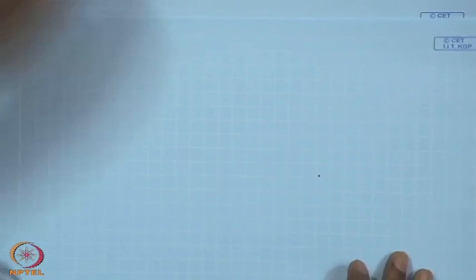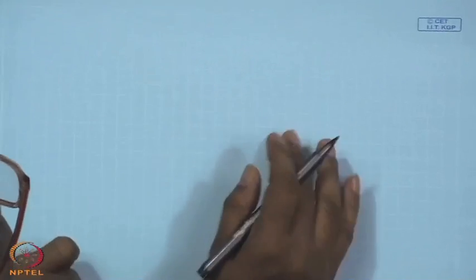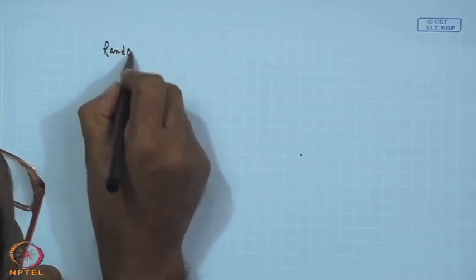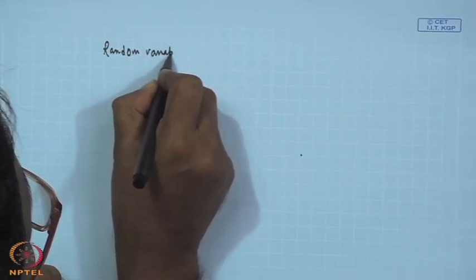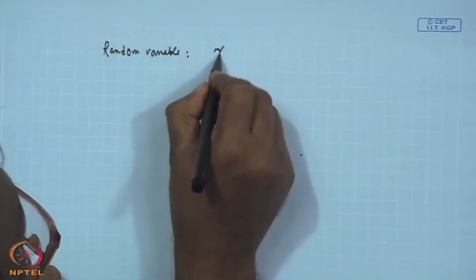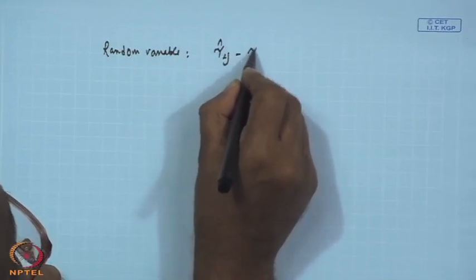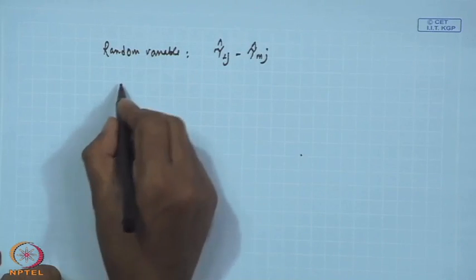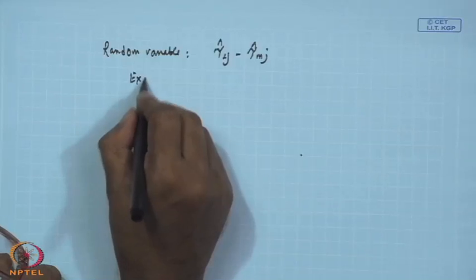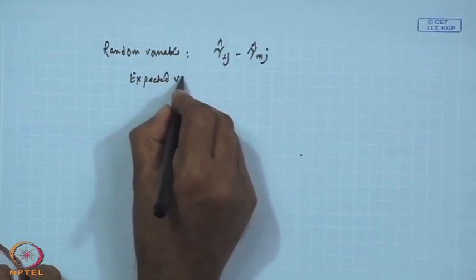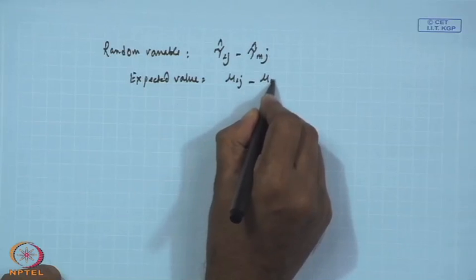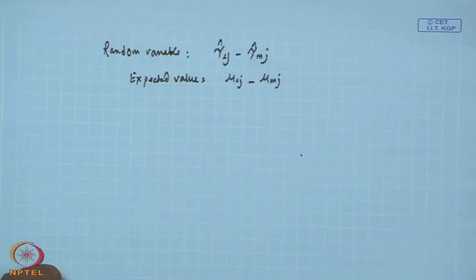So essentially you now have some very interesting things. One is your random variable, tau cap Lj minus tau cap Mj, and its expected value, mu Lj minus mu Mj, which is the mean value.